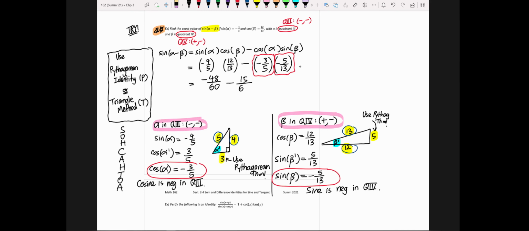Or sorry, the denominator should be 65. So it's -48/65 minus 15/65. -48 minus 15 is -63. So our final answer is -63/65.